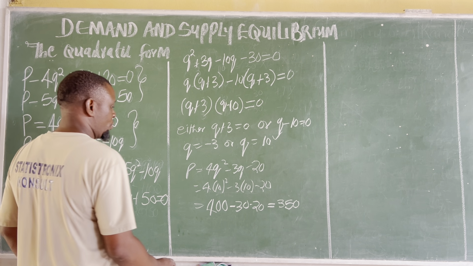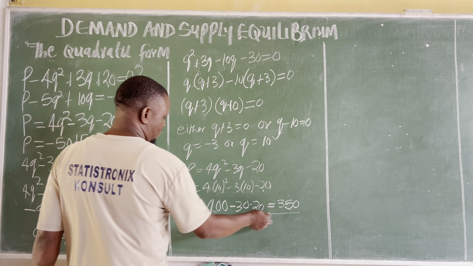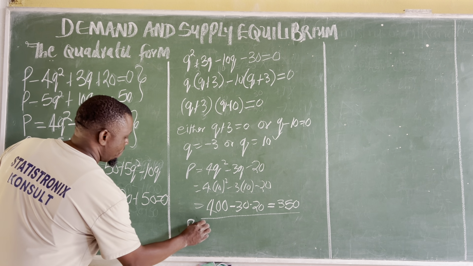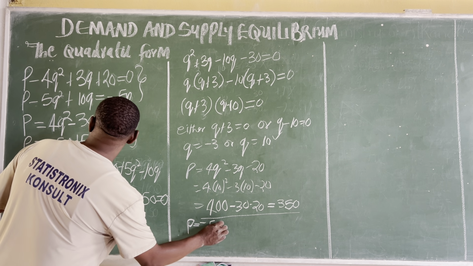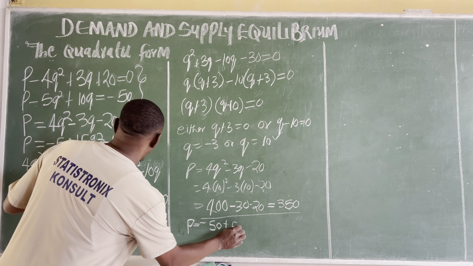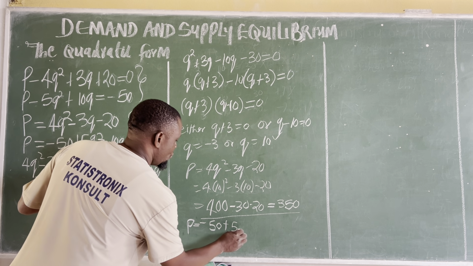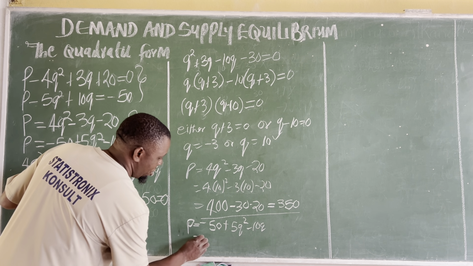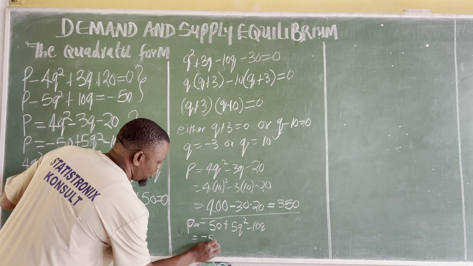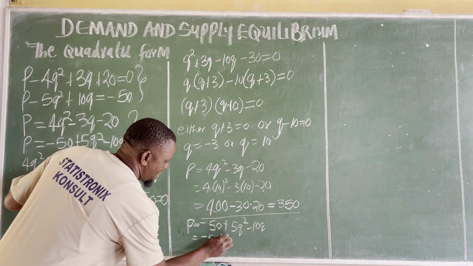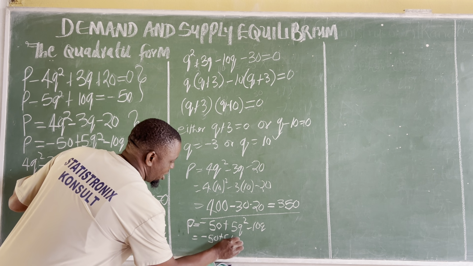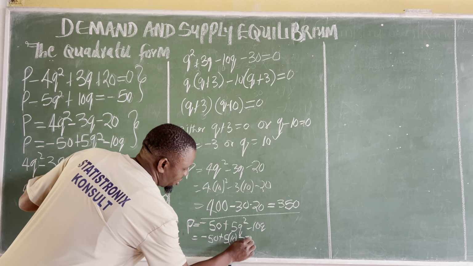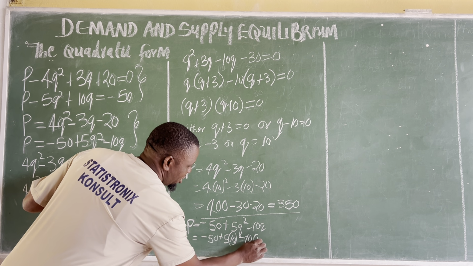And then if we take the other equation, where we have P is equal to minus 50 plus 5Q squared minus 10Q. It will mean that we have minus 50 plus 5, our Q is 10 and squared, minus 10, our Q again is 10.